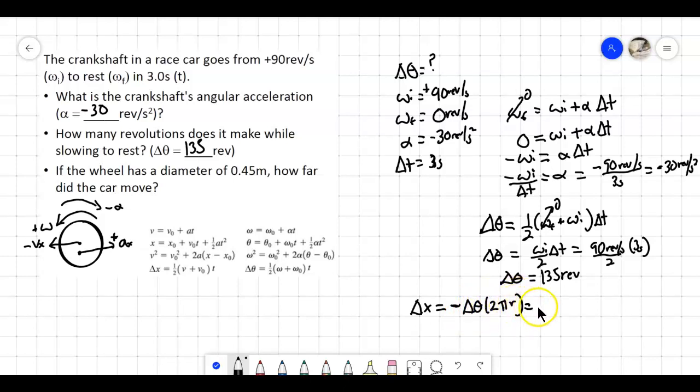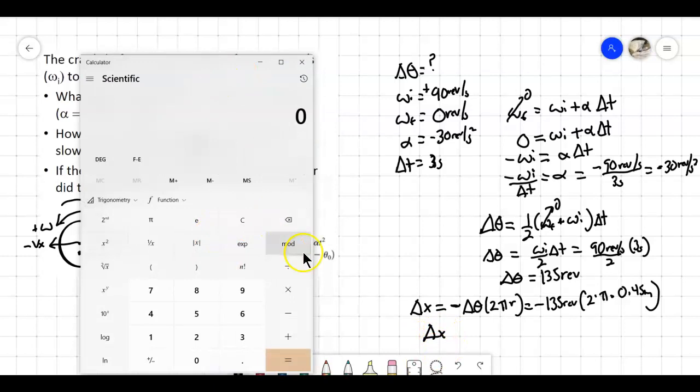So this is going to work out to be negative 135 revolutions times 2 times pi times 0.45 meters. Well, let's see what that's equal to. I'm going to just trust my calculator right now and not think. 135 times 2 times pi times 0.45.